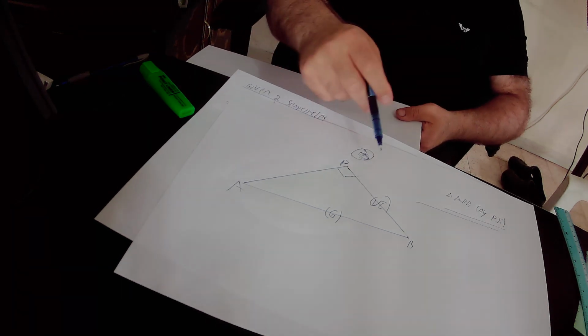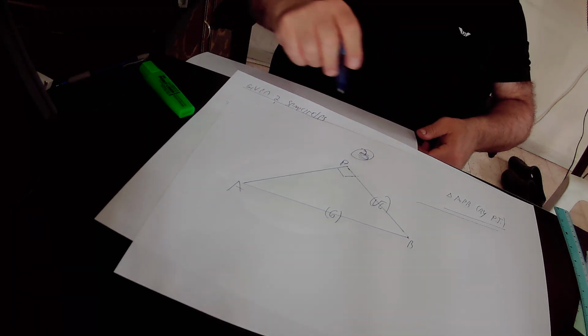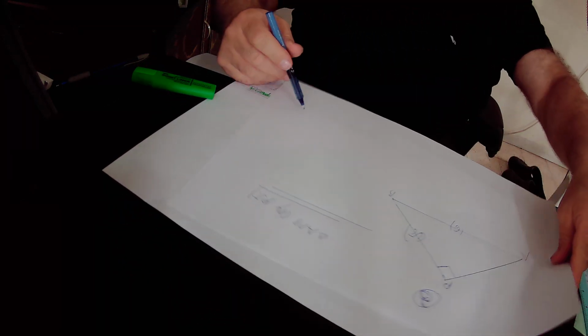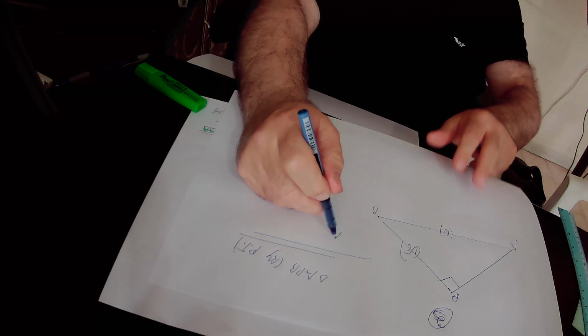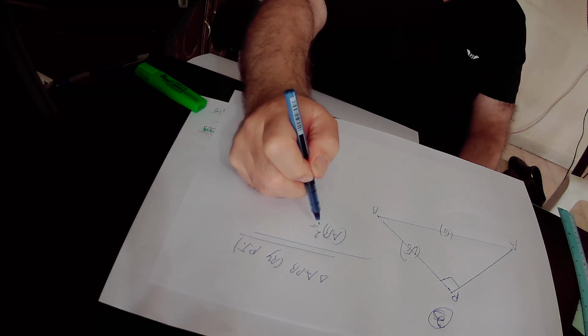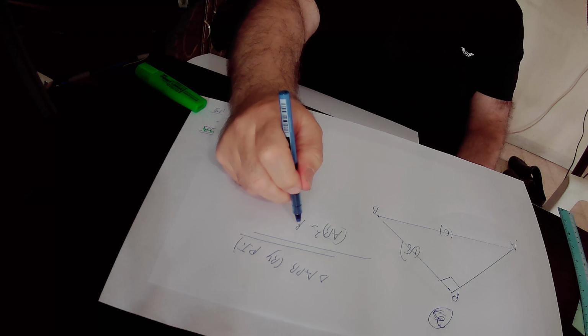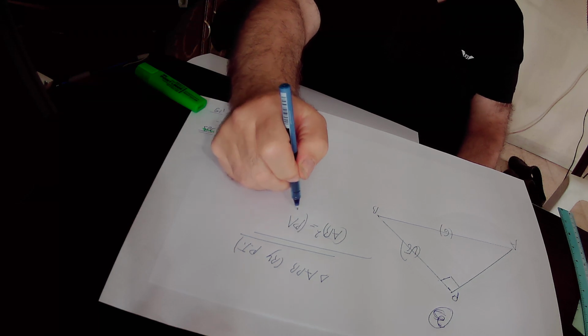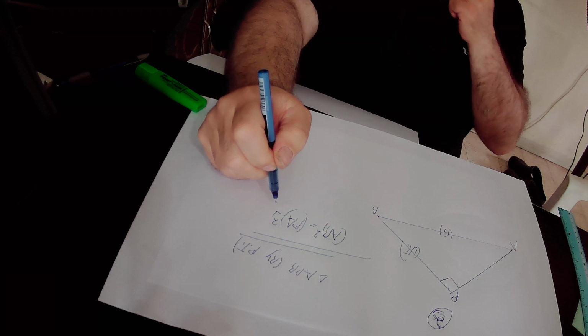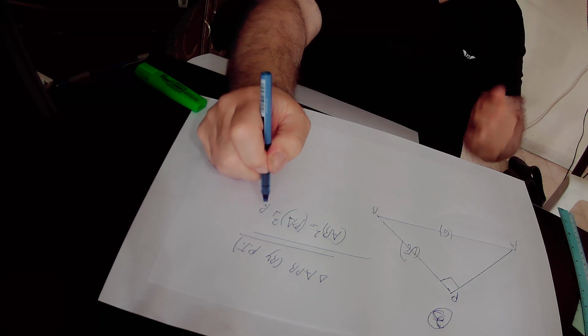Again, AB square must be equal to AP square plus PB square. So I write it down: AB square, that is the square of the hypotenuse, must be equal to PA square plus PB square.